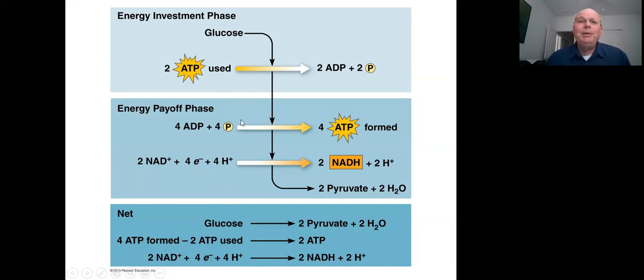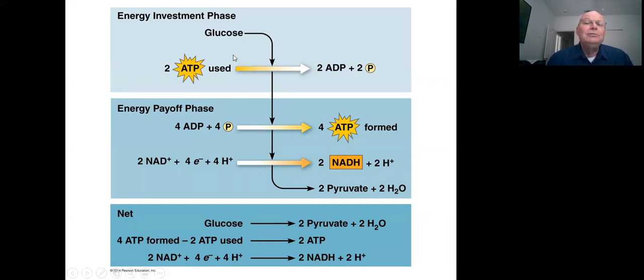Now, the other thing to remember here is that glucose is being oxidized to pyruvate. How do we know? Because NAD plus is being reduced to NADH, and you can't do a reduction without an oxidation. So where did the electrons come from for reducing NAD plus to NADH? They must have come from glucose, because that's the chemical that went in. What is the chemical that comes out?